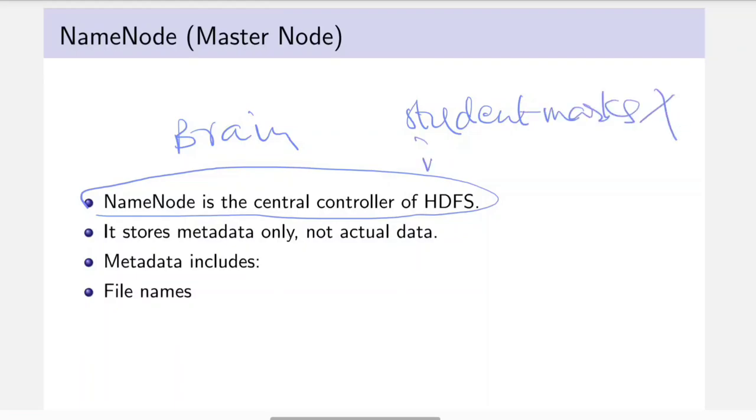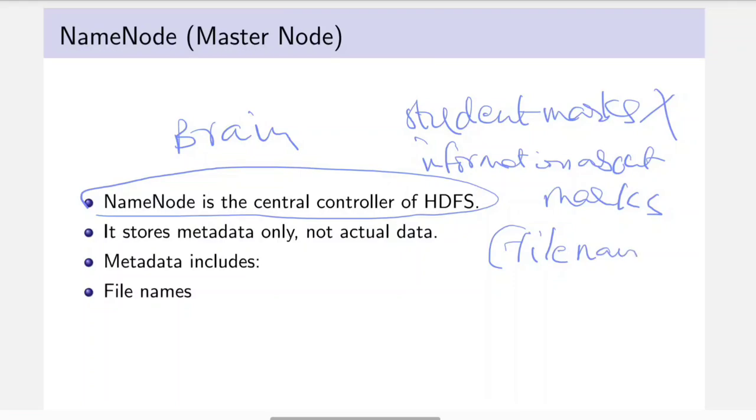It stores information about marks, let's say the file name. So this file name contains the actual marks. It knows which file exists, where it is stored, and how many copies we are having of that particular file. That is the task of the name node.